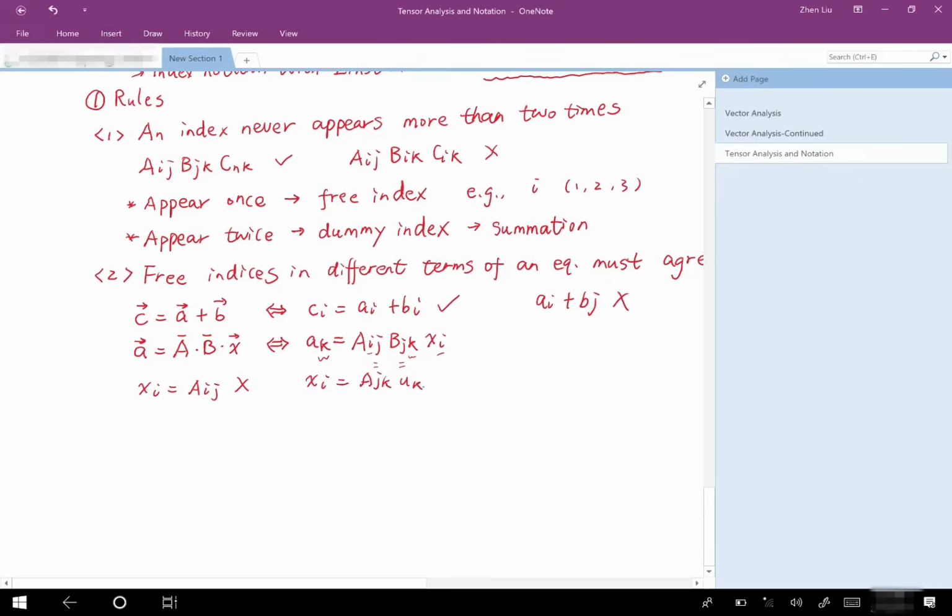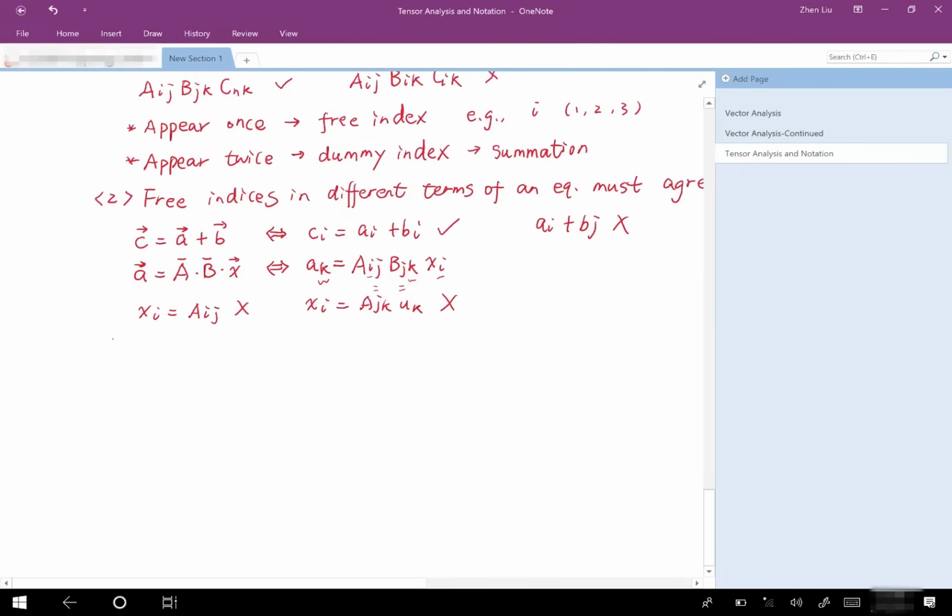Is this one valid? k appeared twice. This is valid according to the first rule, right? And then we have one free index j here, and on the other side the free index is i. So free index i and free index j do not agree with each other. So here this must agree, right? So it's invalid. And this is the second rule.